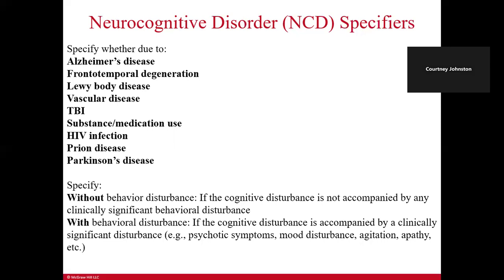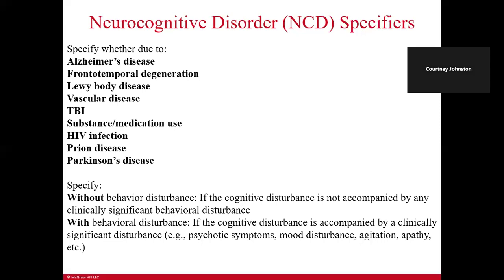And then, okay, so these neurocognitive disorders, again, we're looking at the symptoms of dementia. These symptoms of dementia that result in a neurocognitive disorder are going to require a specifier. So we're trying to determine what is the underlying cause of these dementia-related symptoms.